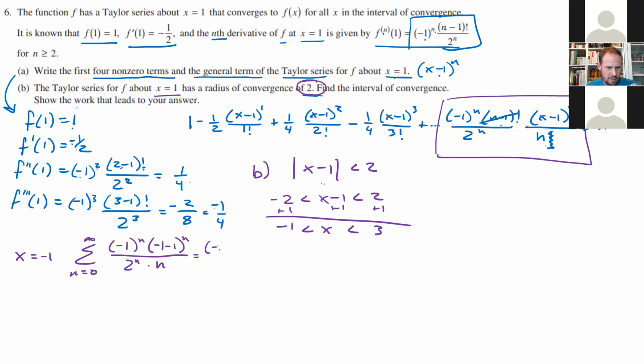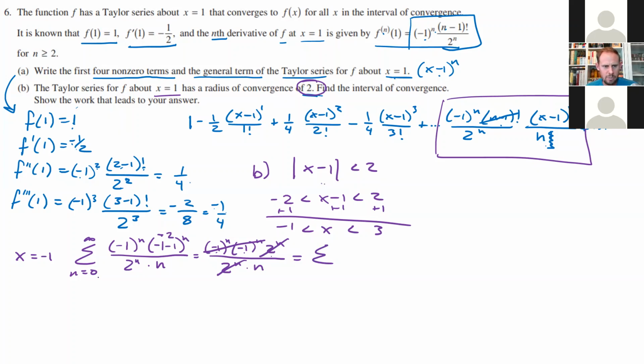So we can say that's negative 1 to the n, another negative 1 to the n, and a 2 to the n, right? Because this is just negative 2 in here. So we'll split the negative sign out and the 2 out. We've got 2 to the n and an n. Well, these 2 to the n's are going to cancel now. And these negative 1s to the n are also going to cancel, right? We get negative 1 to the 2n, then they would either both be negative 1 or both be positive 1, but we get positive either way. So this just becomes the sum.